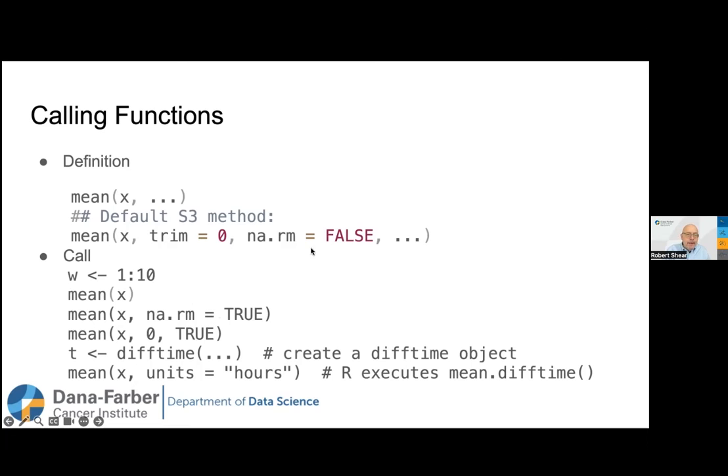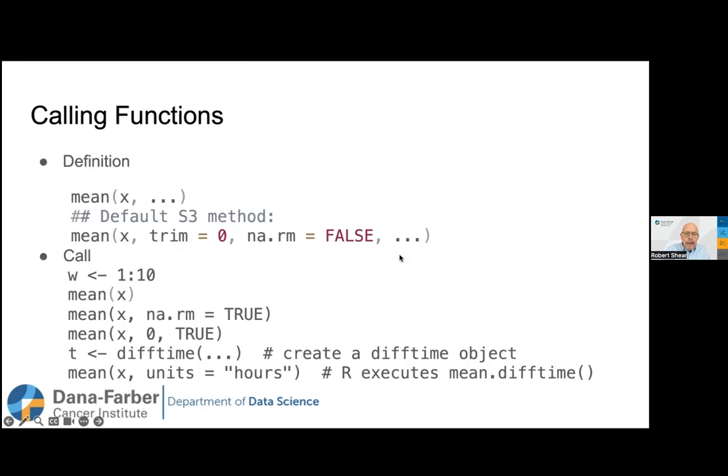The equal sign here means the default value is false. So if I don't say anything, it won't remove the NAs, and everything will be NA. Likewise, trim should be 0 because I want to get the mean of the whole thing, unless I want to have a sandwich or a trim mean for some reason.